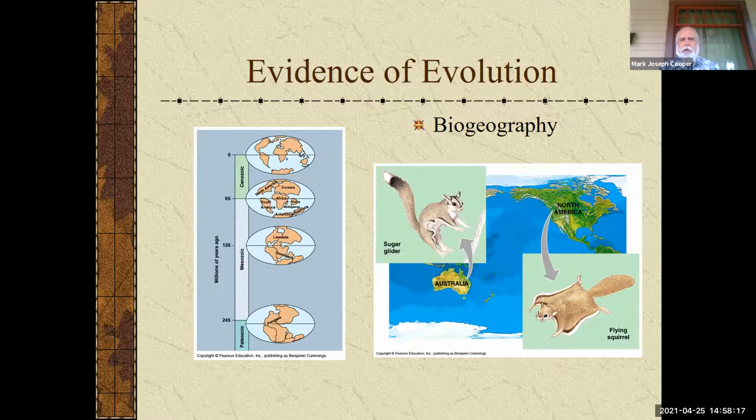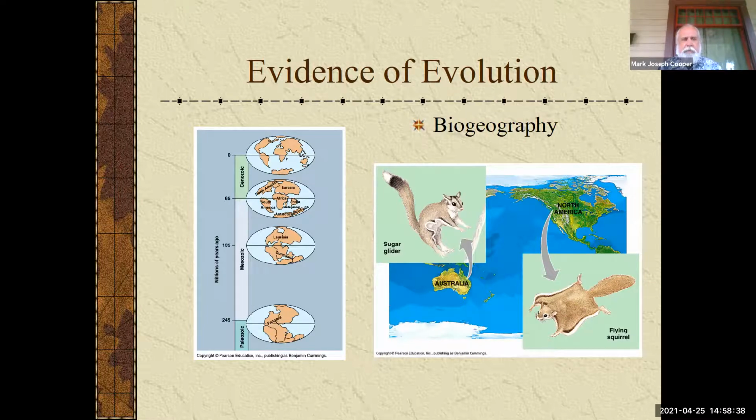But biogeography gives us evidence that most of the marsupials that are left on the planet are in Australia. And it's because of Pangea breaking up. You can see that on the picture on the left. What happened is placental mammals started to evolve in South America.